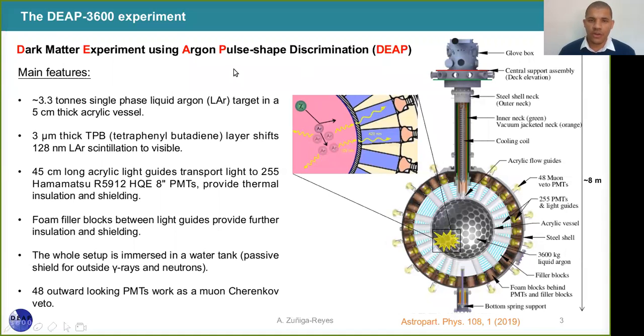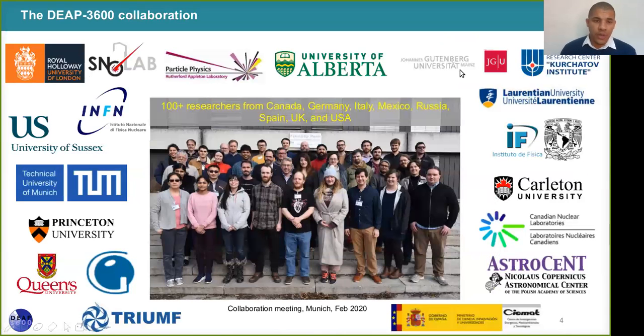Pulse-shape discrimination is the strategy that we use in order to discriminate the nuclear recoils from electron recoils. In our case, we are more interested in analyzing the nuclear recoils, and we classify the electron recoils as a background. The collaboration is big. We have more than 100 members from 8 countries.